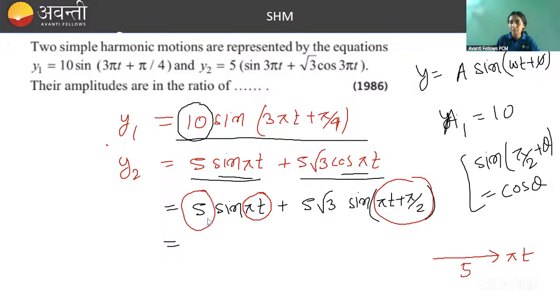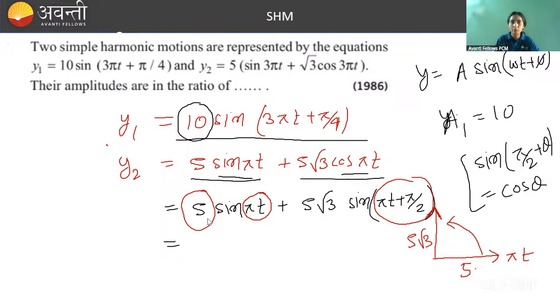So this is a vector directed along πt, having length 5 units. The second vector is making an angle of πt + π/2. So this is already πt, this line, plus π/2, you will go in the anti-clockwise sense. So another one is this one, and this is 5√3. So you just need to add these two vectorially.